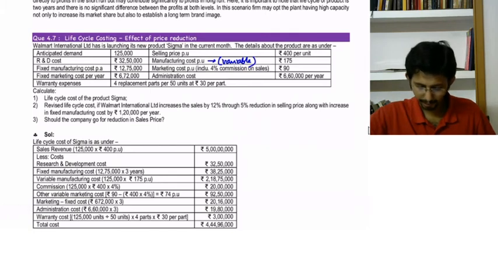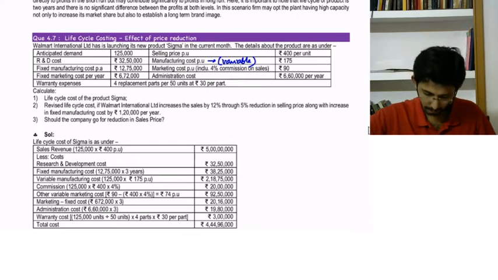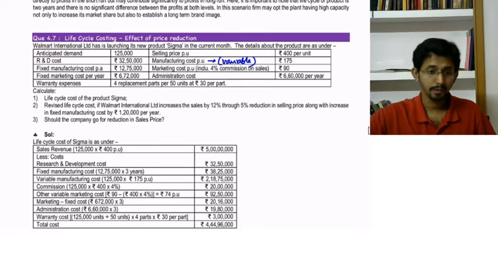The details of the product: anticipated demand is 1,25,000. Then R&D cost 32,50,000. Then fixed manufacturing cost per annum 12,75,000. Fixed marketing cost per year is 6,72,000. Then warranty, I will come to that later. Selling price per unit 400 per unit.